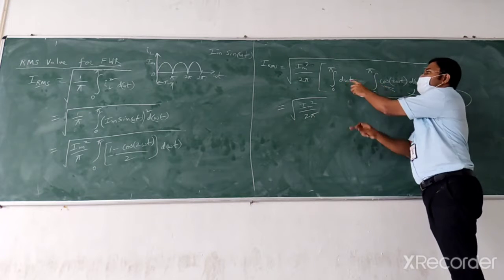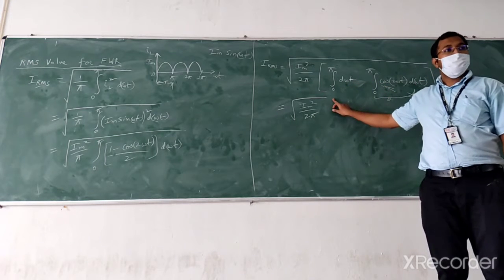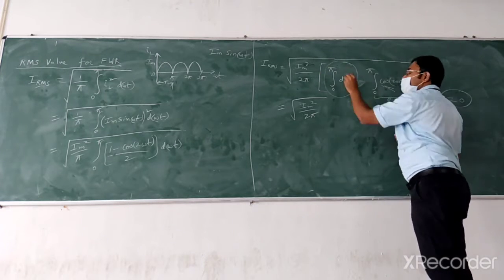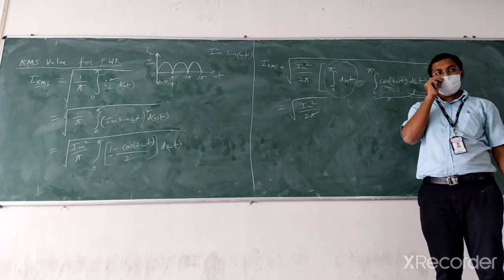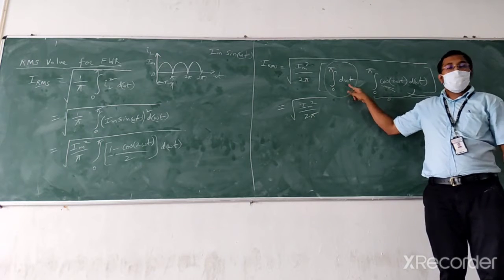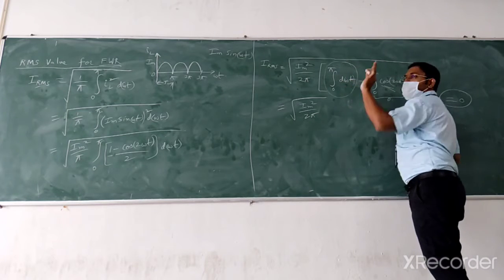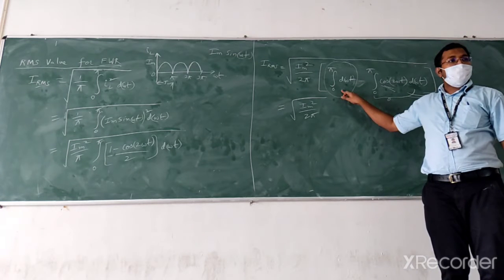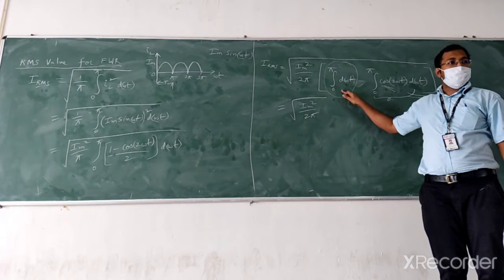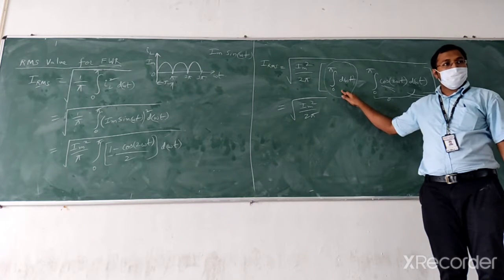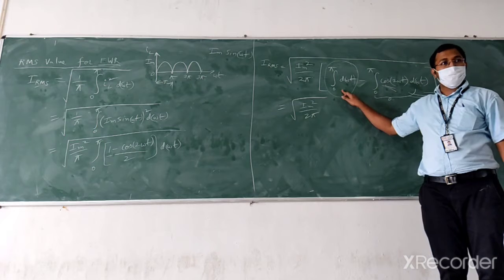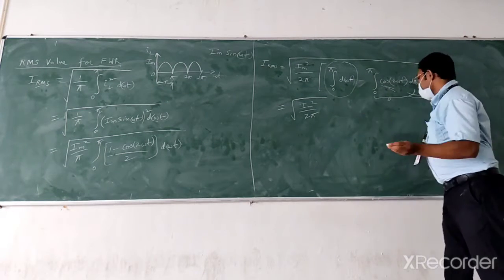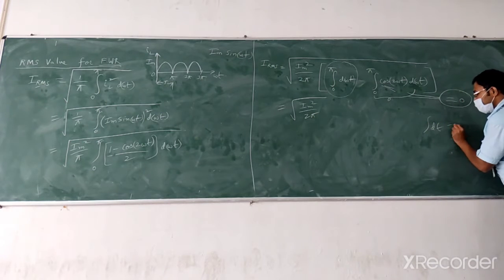What is this? Just tell me, integral d omega t, how much? Simply, integral dt means t.